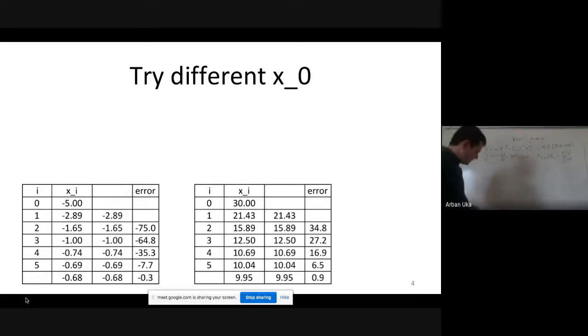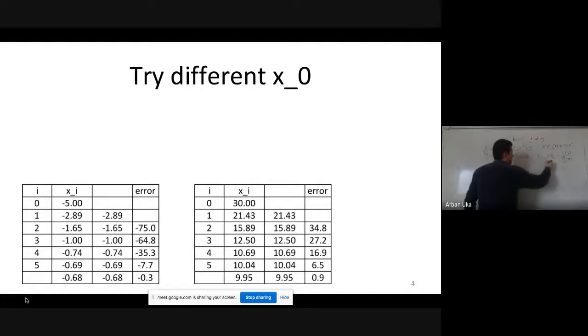So if we start with this one, we can initially start with x1 equals 0.8. So this can be 0.8 minus 0.8 cubed minus 10 times 0.8 squared.